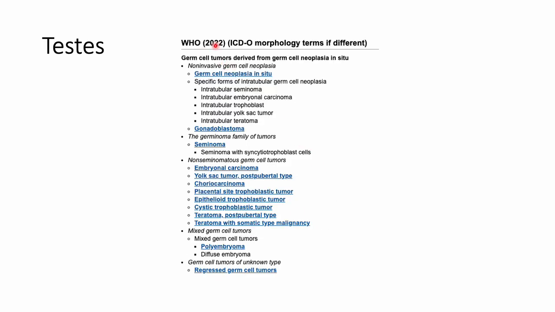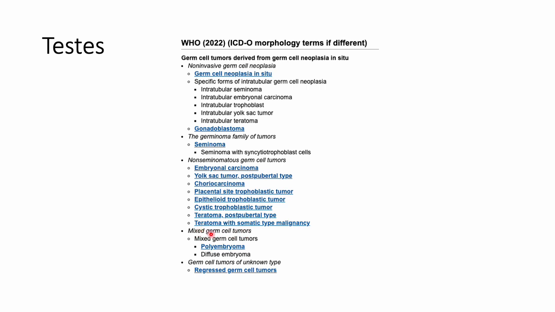In WHO 2022 also, they divided the testicular and paratesticular part into a separate entity, and divided the tumors that occur in them. Number one is germ cell tumor, which consists of non-invasive germ cell neoplasia, the seminoma, the embryonal carcinoma, yolk sac tumor, choriocarcinoma, placental site trophoblastic tumor. Bear in mind, even though this is in the testis, you can still see the placental site trophoblastic tumor, the epithelioid trophoblastic tumor, cystic teratoma, and mixed germ cell tumor.